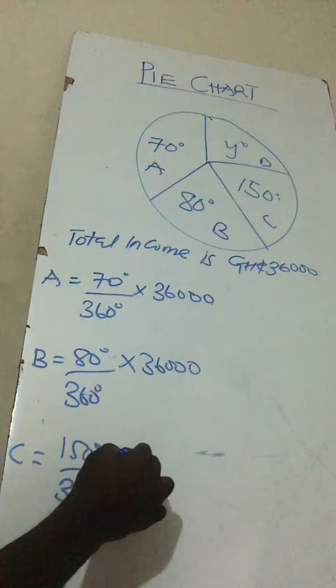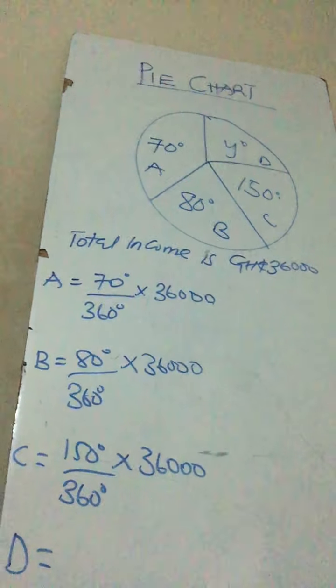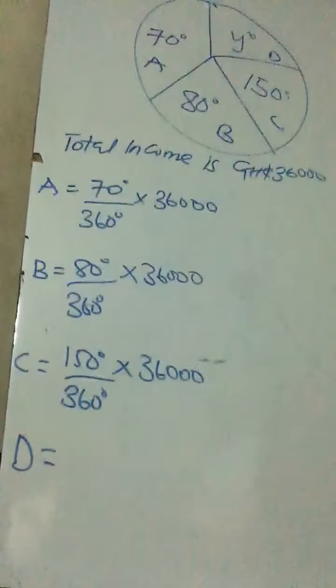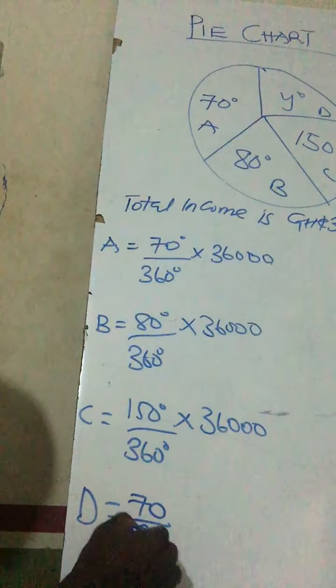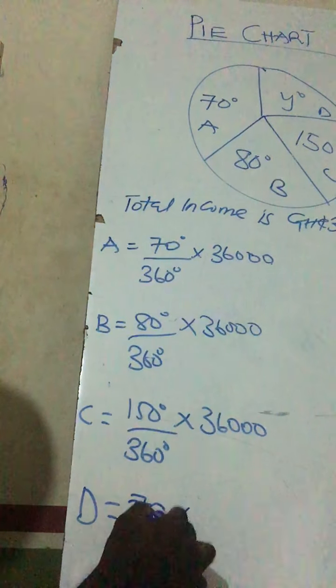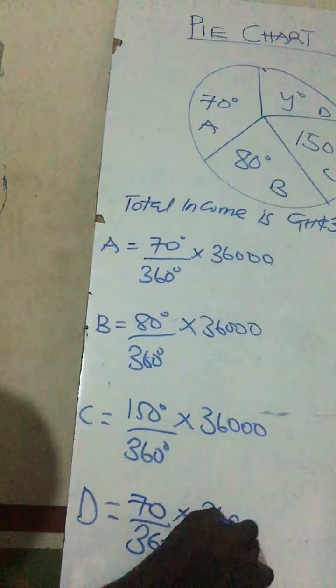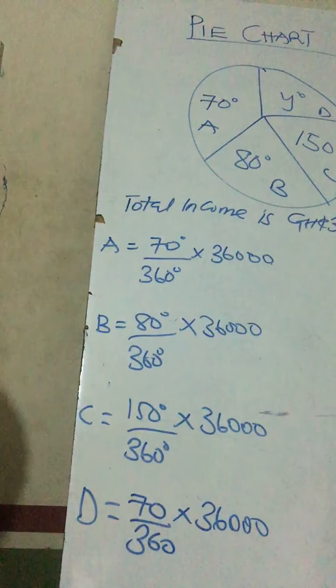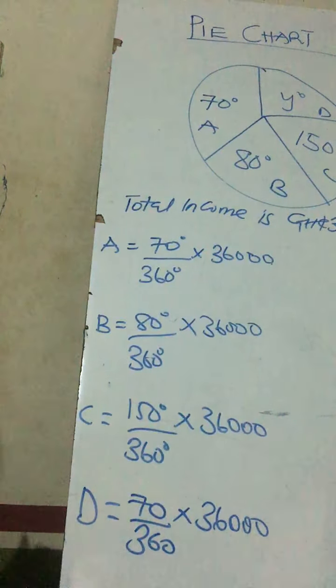If you take D, we solved it and we had 60. So 60 over 360 times 36,000. Are we okay? All right, so we punch on the calculator and then we get the answer for each.